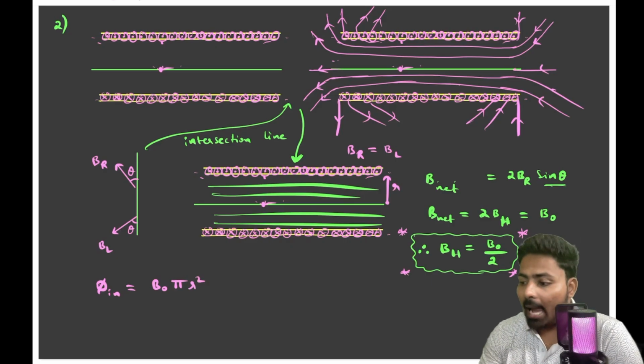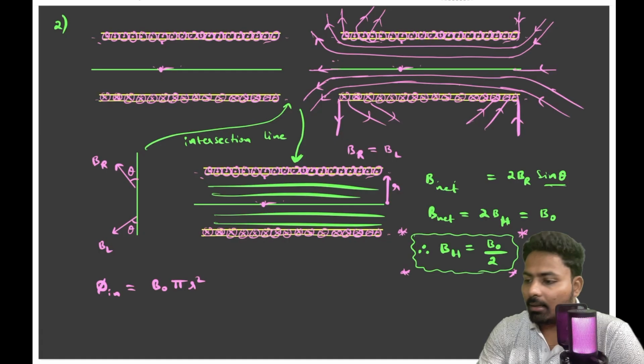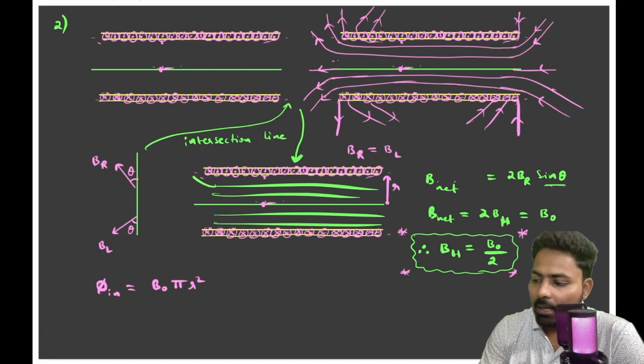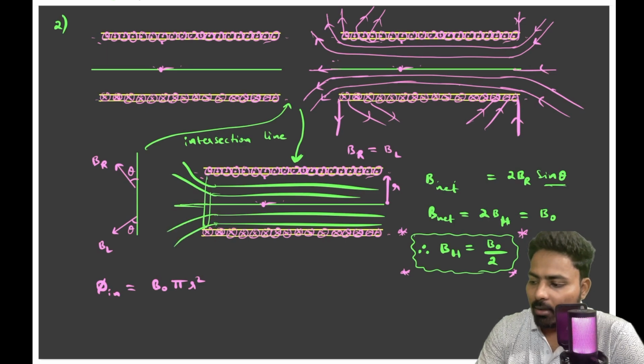right? And when we come to this leftmost end over here, as we clearly know, the field over here is non-uniform, and the area of cross section will be like this. To get the flux, obviously, we will have two components: one is the horizontal component, another is the vertical component.